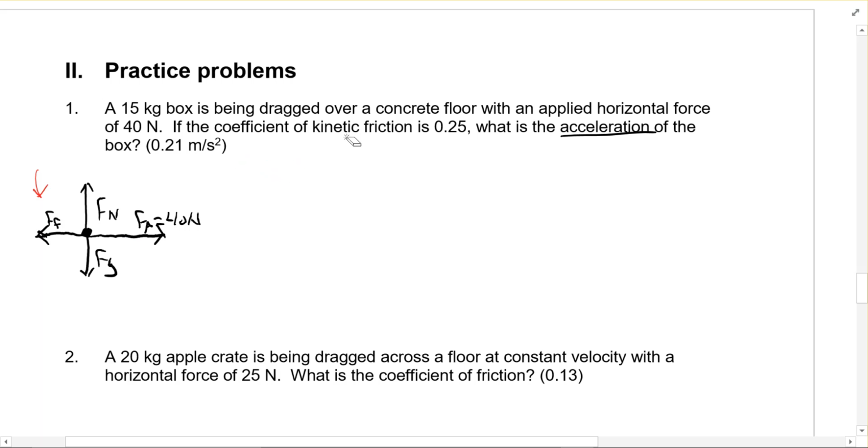Okay, so in order to figure out the force of friction, I need the normal force, because force of friction is equal to mu times the normal force. And the normal force, I can figure out.